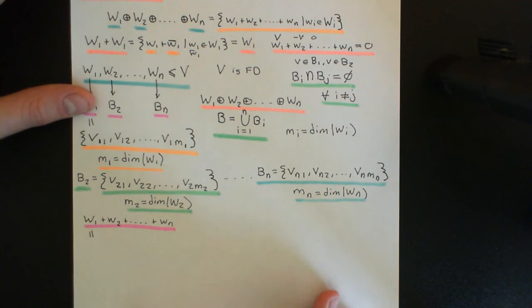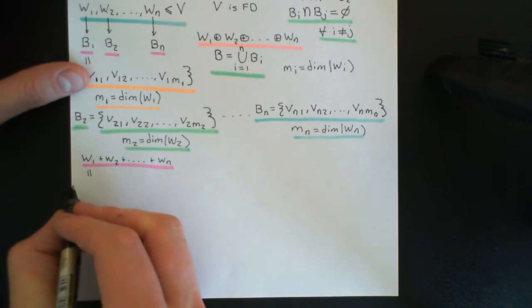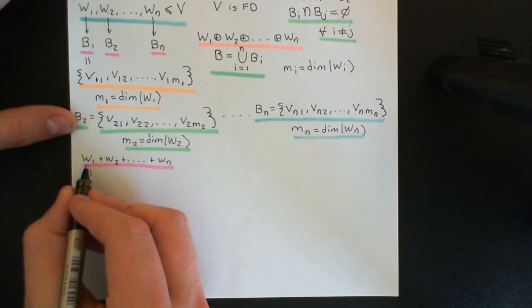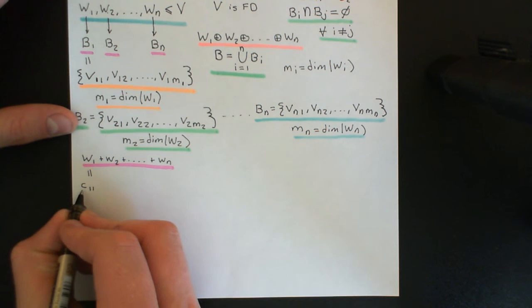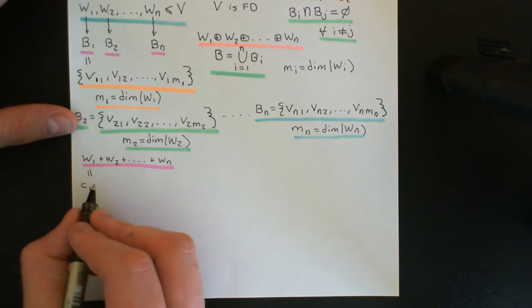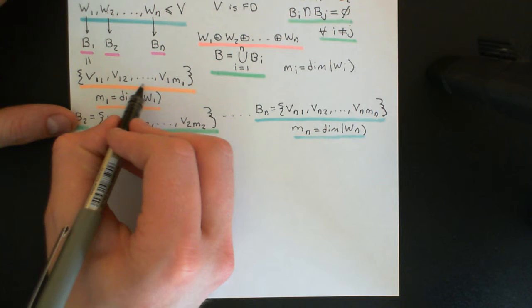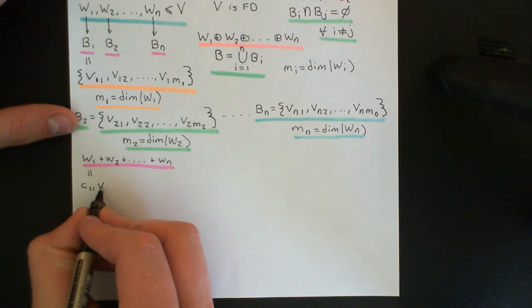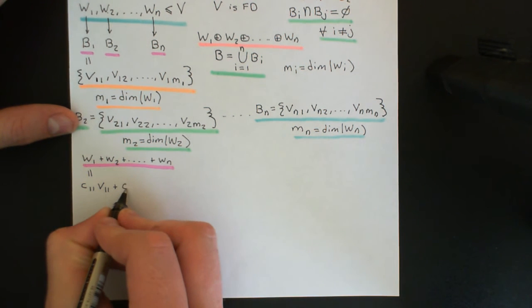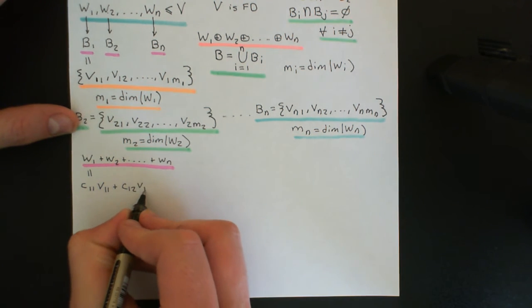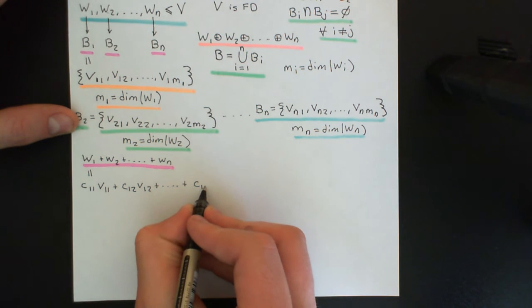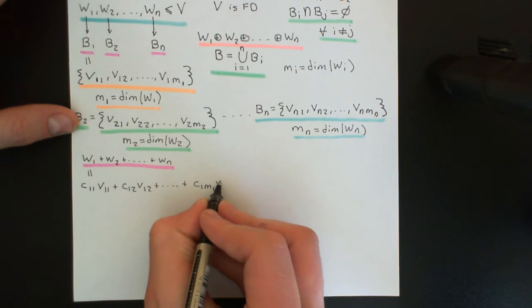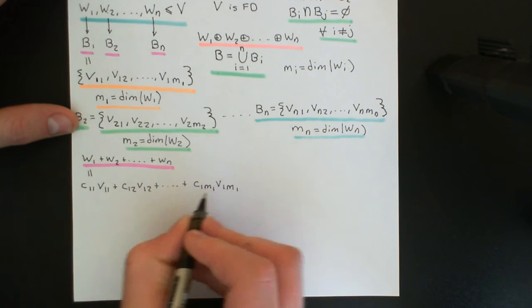So what that means then is I can write little w1 as a linear combination of the basis elements here. So I'm going to have the same indexes going with my scalar coefficients as I have going with the basis vectors here. So it'll be c11 times v11 plus c12 times v12 plus all the way up to c1m1 times v1m1.